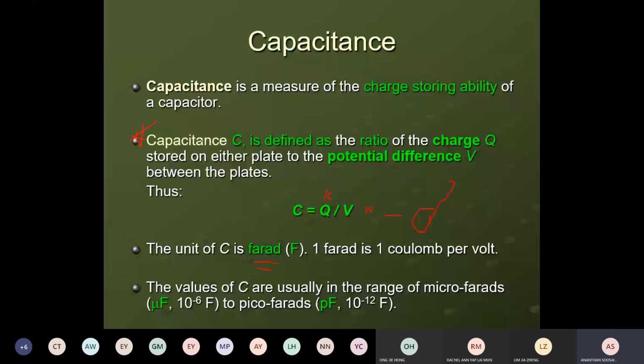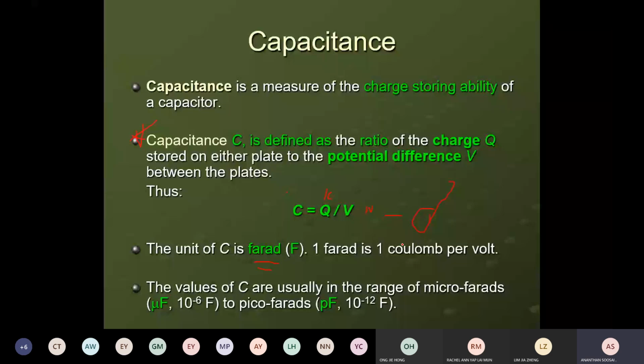Capacitance is the ratio of charge stored in one of the plates to the potential difference between the plates. The farad is a very big unit.